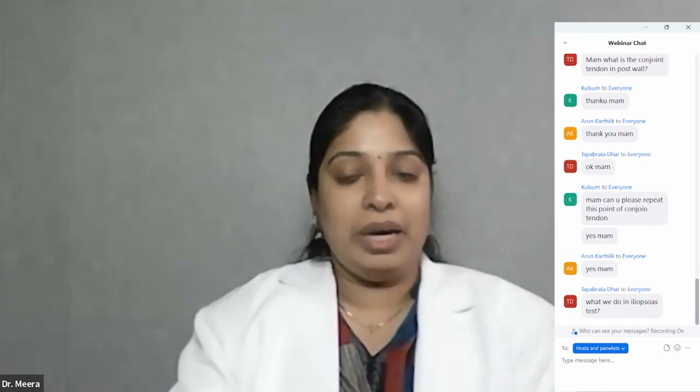So, whenever you ask the patient to flex the hip joint, he will wince with pain, if there is any inflammation of those organs. So, we call it the iliopsoas test. The main action we try to perform on a patient with any inflammation of these organs is flexion of the hip, and he will have pain. So that is a positive iliopsoas test.